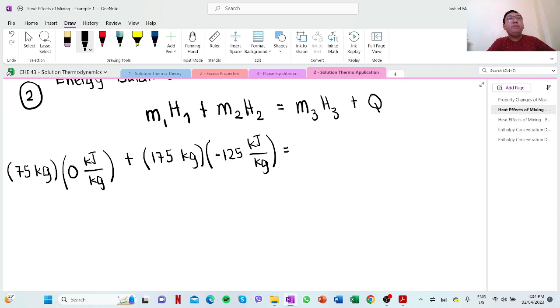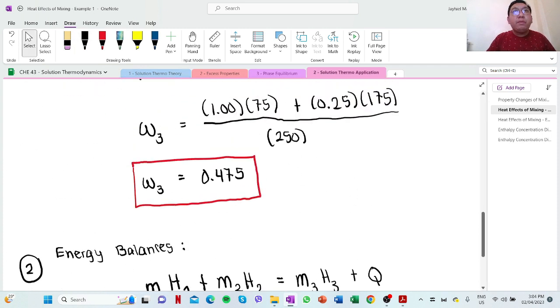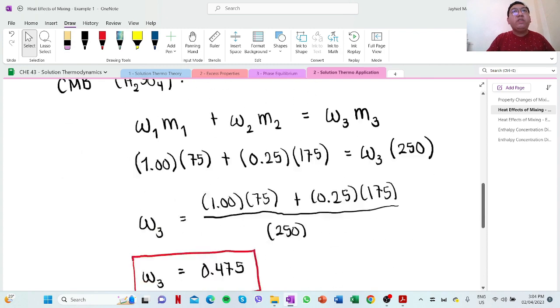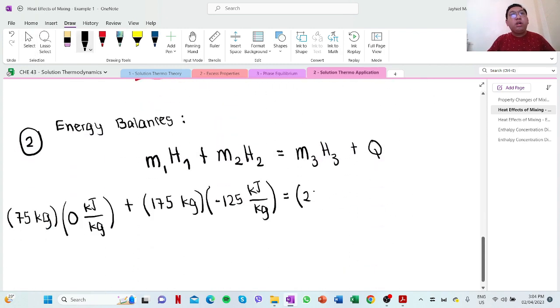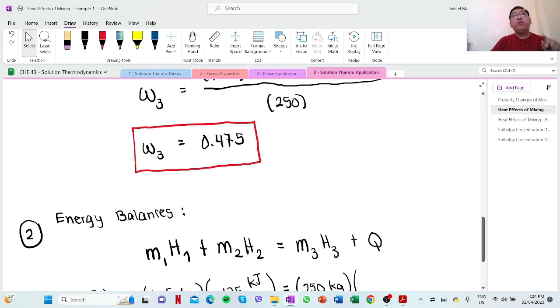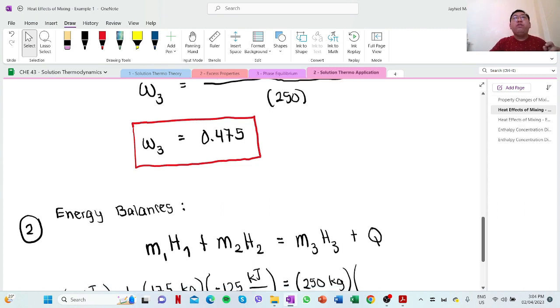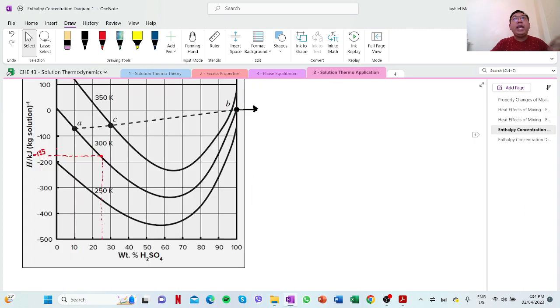And then for M3, the value that we have obtained was 250 kilograms. And the value of W3, or the weight fraction, is 0.475, which is 47.5 weight percent. Again, in the actual problem solving, you need to use a ruler and a calculator to do linear interpolation.